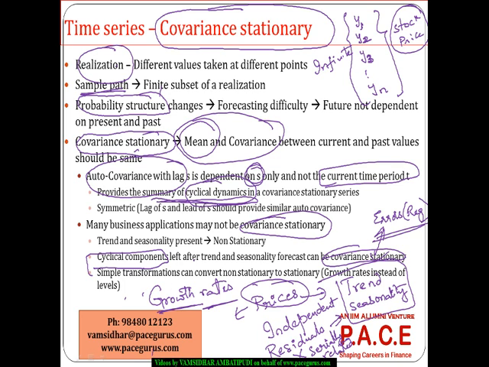The prices as such may show a trend, but if I convert them into growth rates or change in prices, I can see covariance stationarity. So understanding the fundamentals of covariance stationarity will help us model the leftover portion after modeling the trend and the seasonality component.